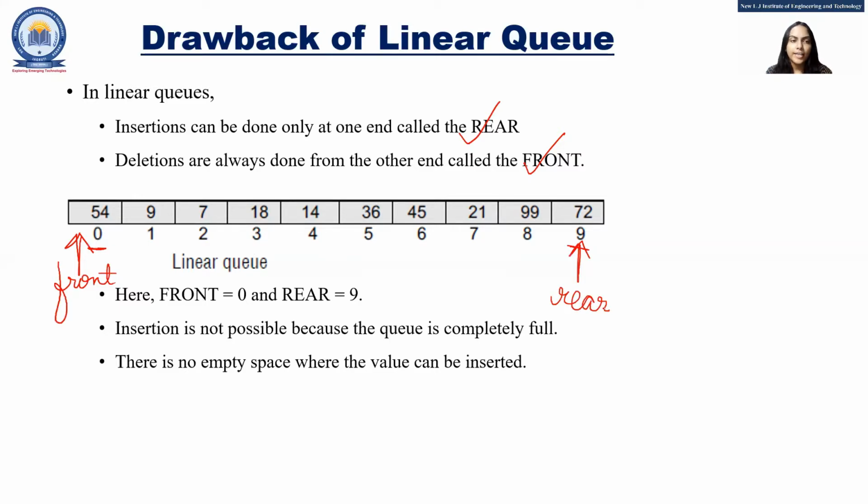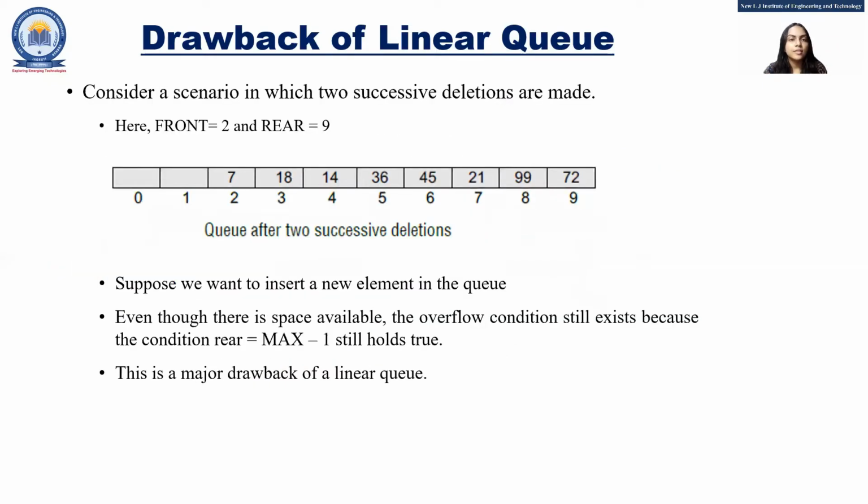As per the current scenario of Q, we cannot insert any new element because rear would be greater than or equal to the total size n, right? Insertion is not possible because the queue is completely full and there is no empty space where the values can be inserted. Now, what happens in this scenario?